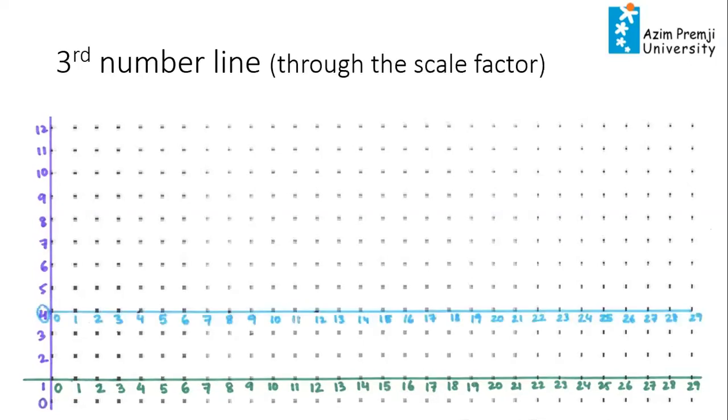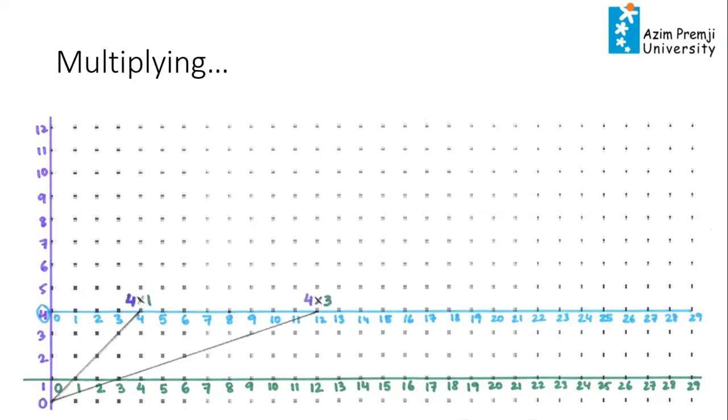So now, if you choose the factor to be 4, you draw a corresponding number line, and this is how you see how the original number line has got stretched. Okay.